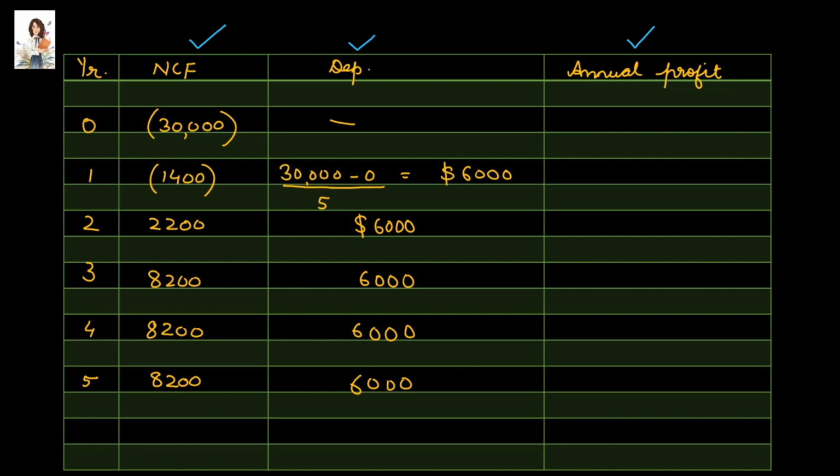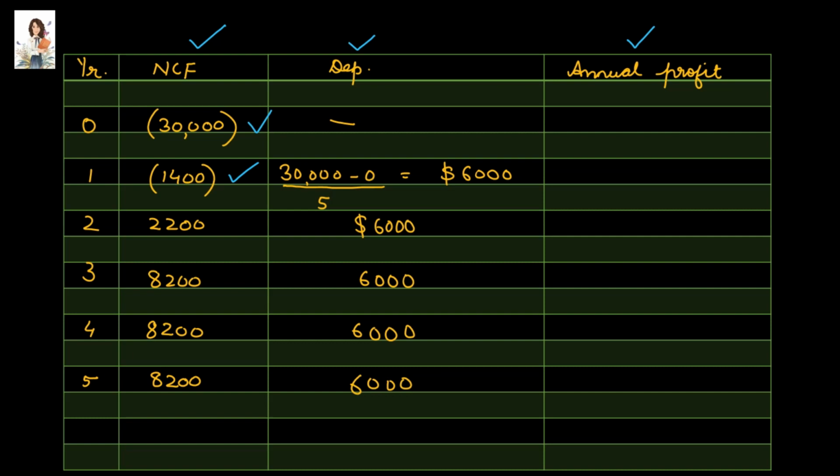We can now calculate the annual profit. Machinery purchase of $30,000 will not be considered in computing profit since it is a capital expenditure and only revenue expenses and incomes are taken into account for profit calculation. Therefore, we will begin our profit calculation from the end of year 1.